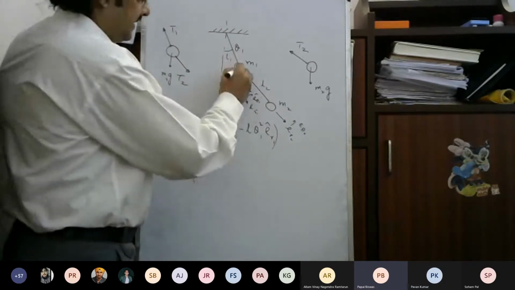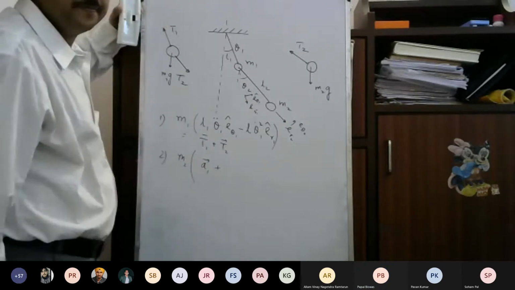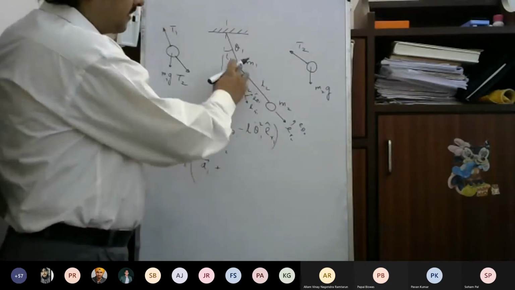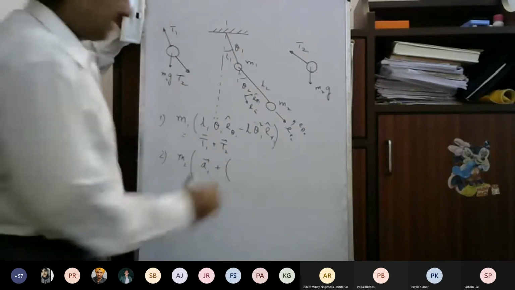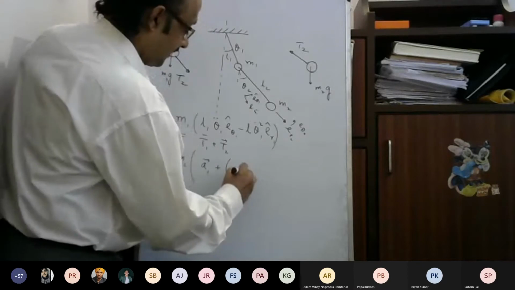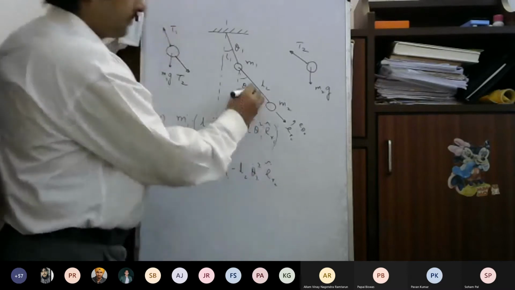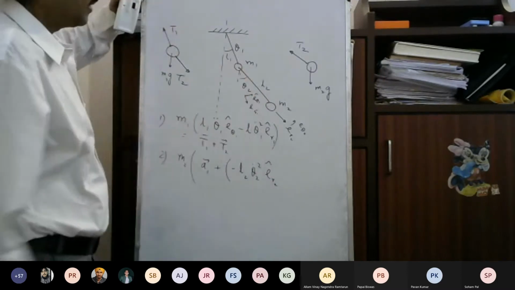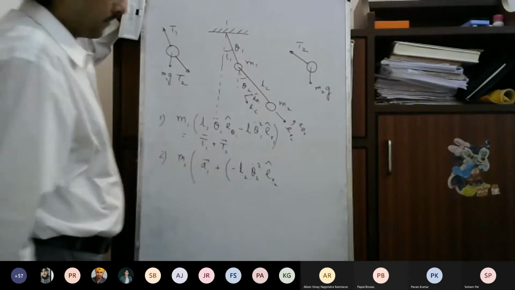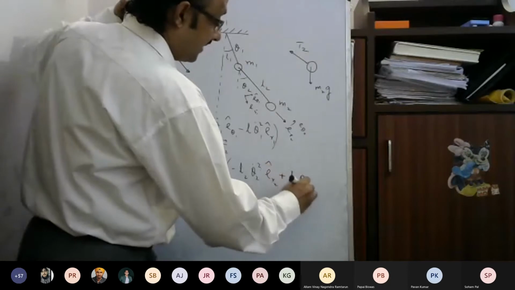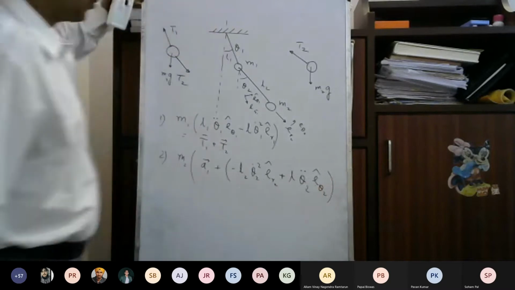Let us say the acceleration of m1 plus the relative acceleration of this with respect to the first mass. This relative acceleration will be equal to minus L2 θ2 dot square e R2, because if you consider this coordinate, this is the e R2, plus L2 θ2 double dot e θ2.